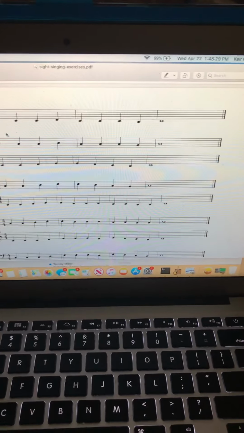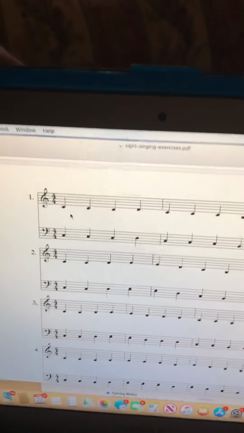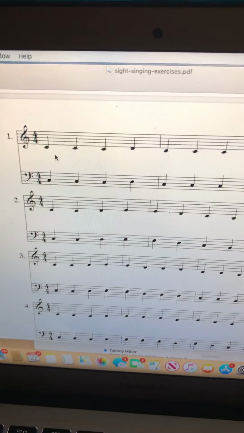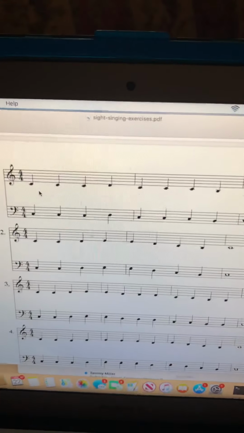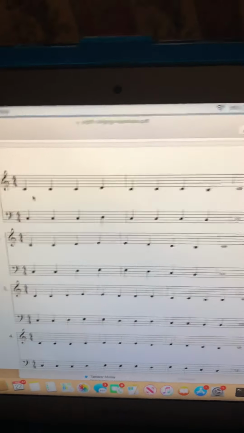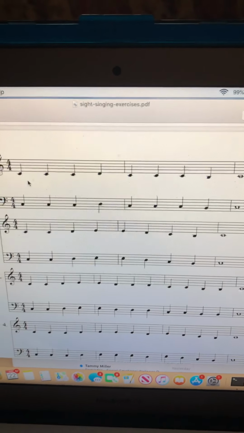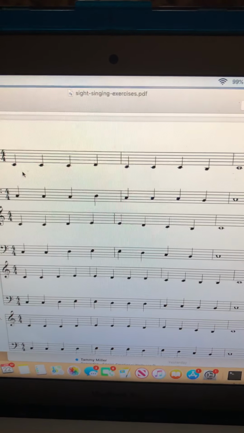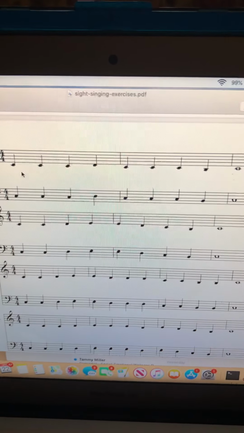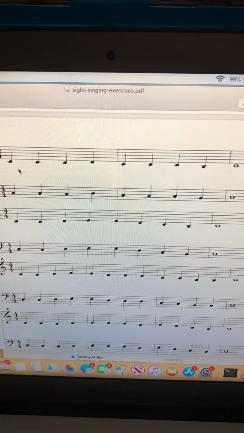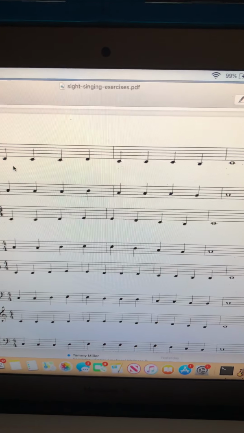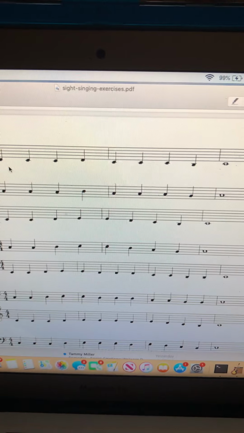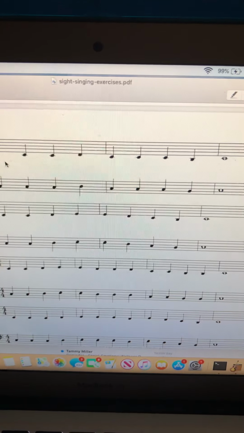Okay, so knowing this, we try to read this on la. We know that you're starting with middle C. The second and third notes in this measure are the same, so the first 3 notes you're going to sing are the same.